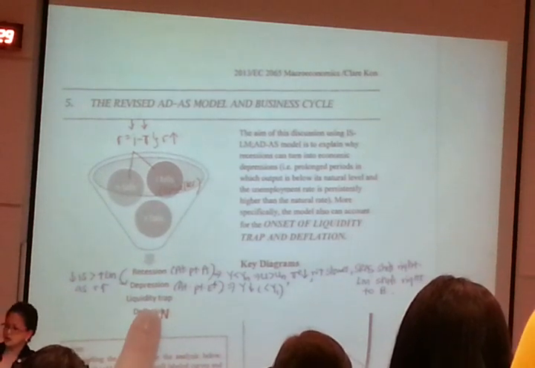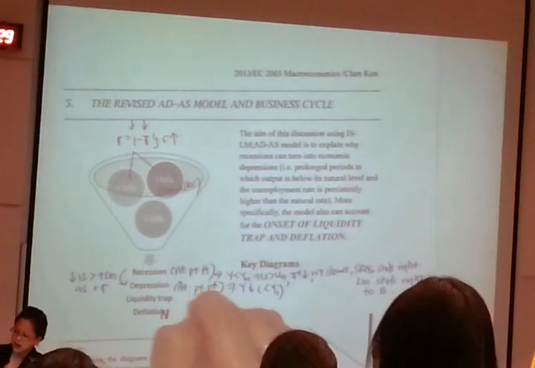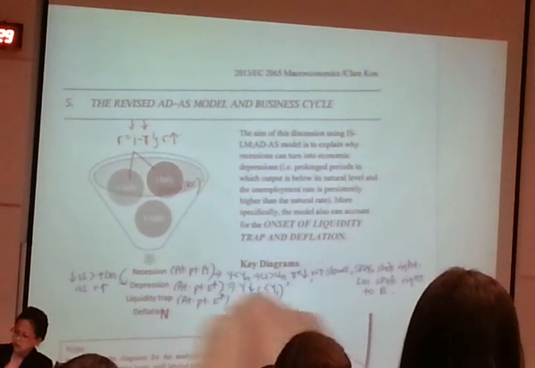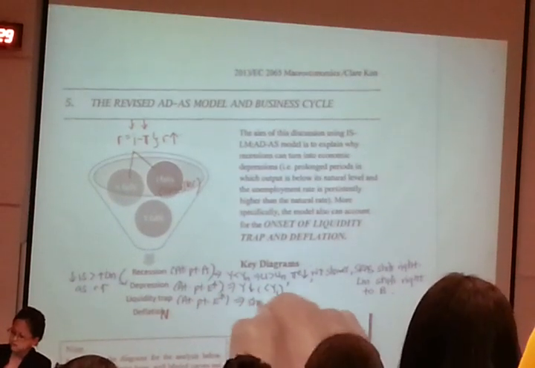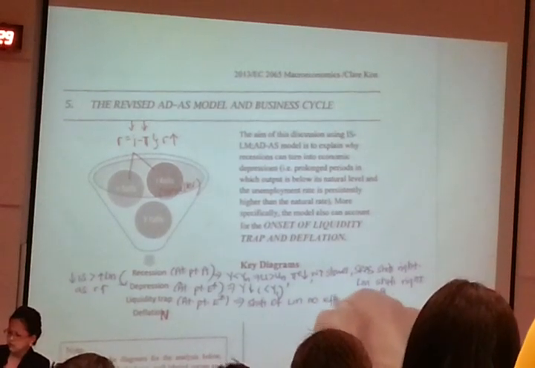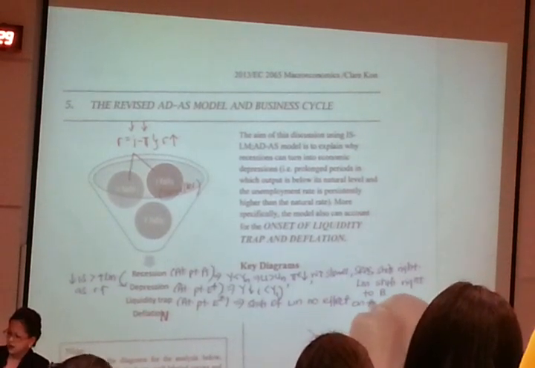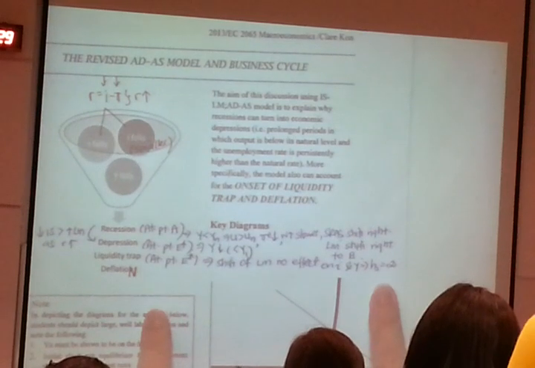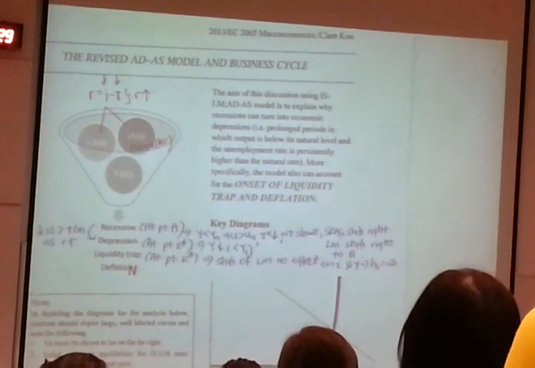Okay, so you go to the lecture notes. Where is the liquidity trap? You are still at E star, where you can see the shift of LM has no effect on I and Y. Therefore, H2 becomes infinite. So this is progressive.